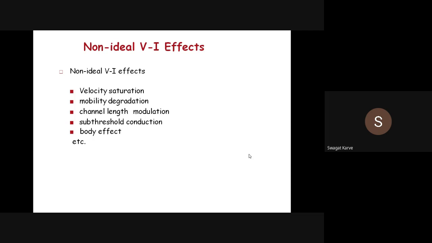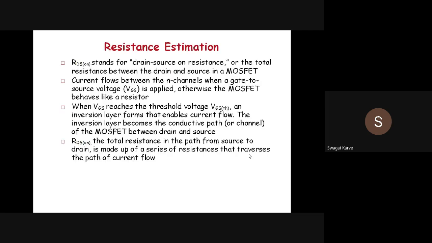These are the major five non-ideal VI effects that every MOS transistor is supposed to exhibit in operating condition. Velocity saturation is there, mobility degradation is there, channel length modulation is there, subthreshold conduction is there, and body effect is there. So these are the non-ideal effects of the MOS transistor.